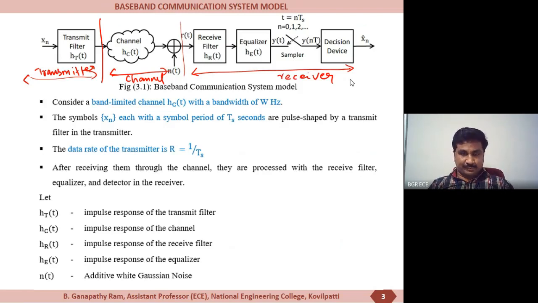Here we are going to transmit digital data through an additive white Gaussian noise channel, and the channel is also assumed to have intersymbol interference. We will briefly discuss the effects of intersymbol interference, how this kind of impact occurs in the channel, very briefly in the next consecutive slides.